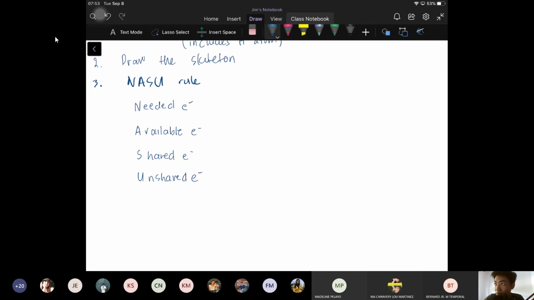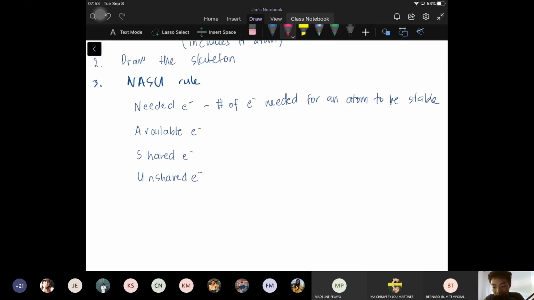When we say needed electron, ano yan, no? This tells you about the number of electrons needed for the atom to be stable. Yan yung dami ng electrons that your atom needs in order for it to be stable.